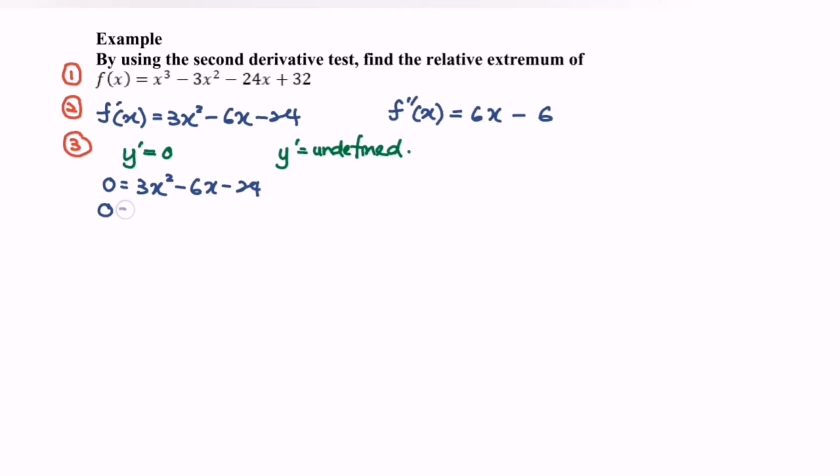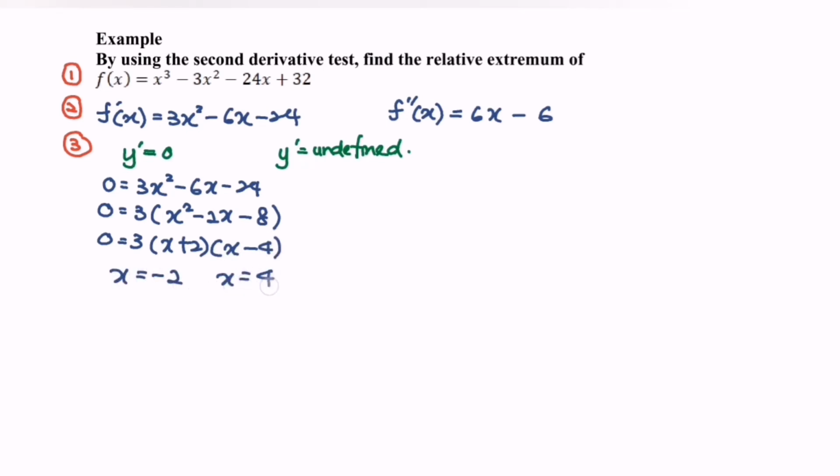Kindly factorize the 3 and we will have x squared minus 2x minus 8. Factorizing, we will have 3 bracket x plus 2, x minus 4, and x will be equal to negative 2 and x equals to 4, where we have the critical numbers.